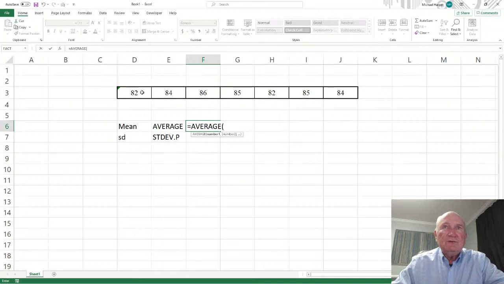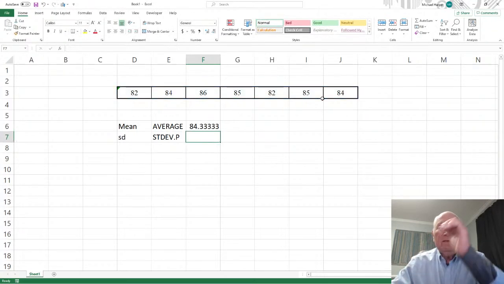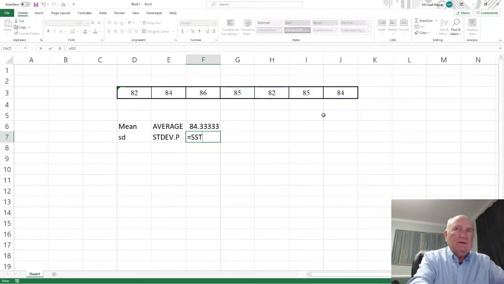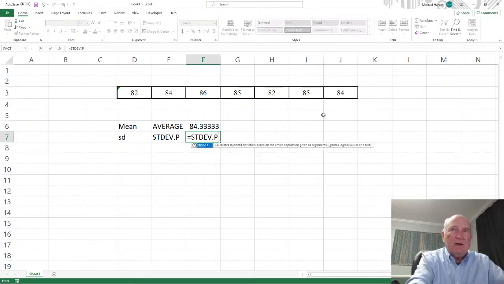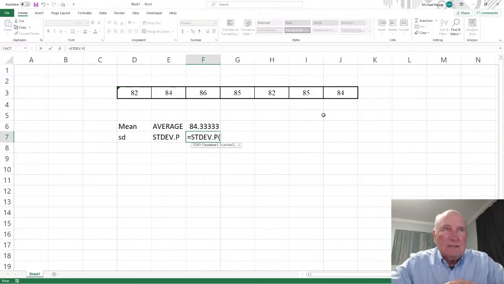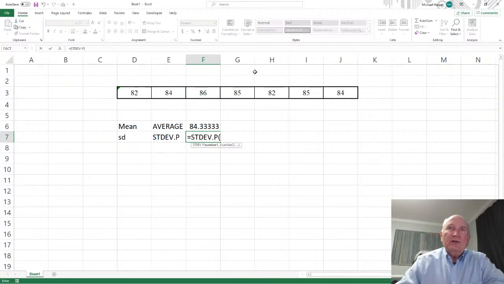Average of all these numbers. And there's this, and this is the standard deviation dot P. It's a population. In statistical quality control, they use population standard deviations and variances. They don't use sample, they use population. And all you do is you get this right here, return, and that's going to be your standard deviation.